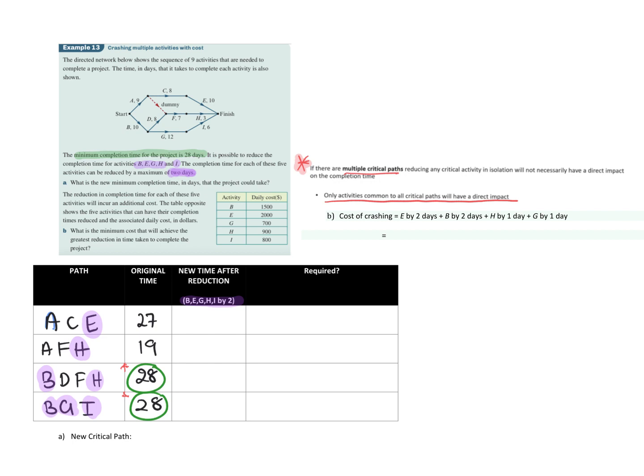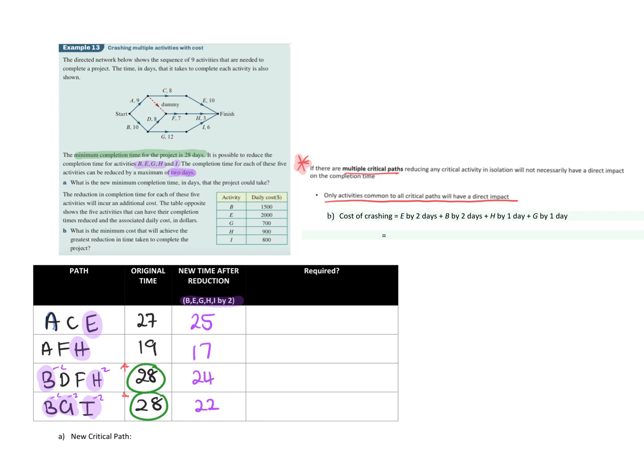So in this top one, the ACE, there's only E. So we can reduce E by 2. So it becomes 25. H we reduce by 2, so this one will become 17. This one, there's 2 of them, so I can reduce 2 by 2, so that's 4. So this one becomes 24, and this one, because I can do all 3 of them by 2, it would become 22.